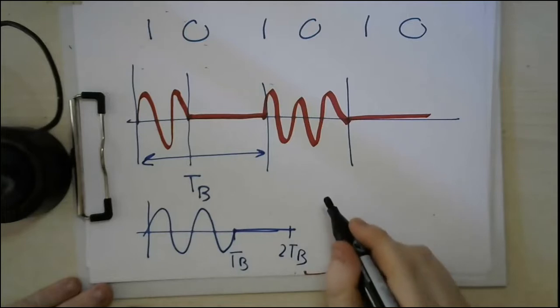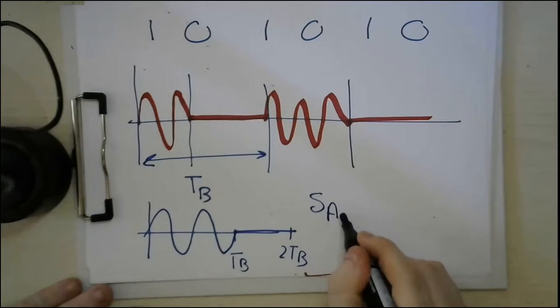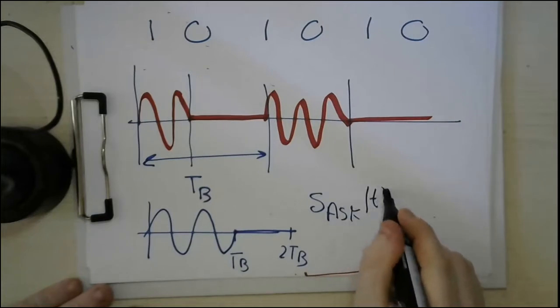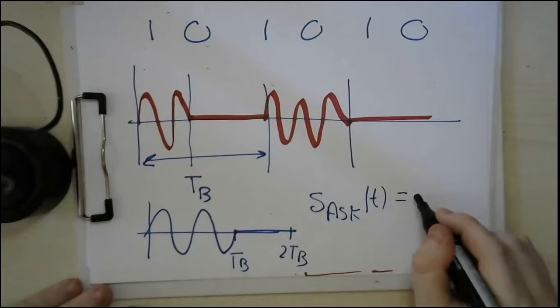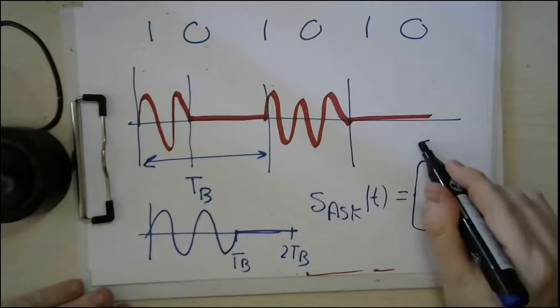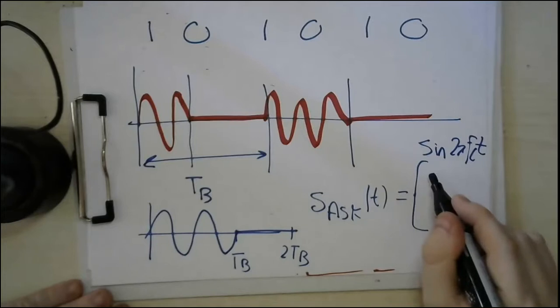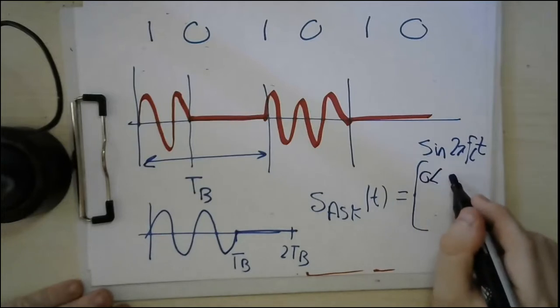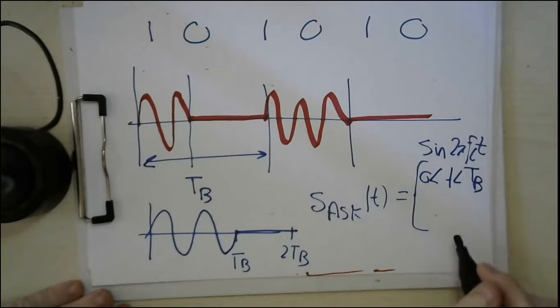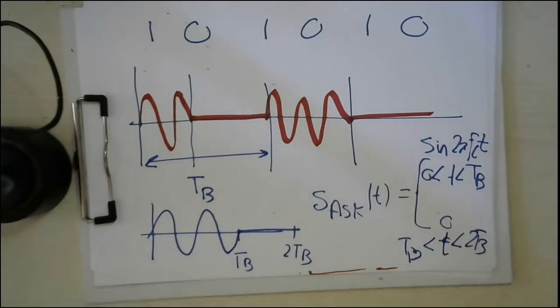This function, let's call it ASK of t, because simply this is amplitude shift keying modulation, is simply sine 2 pi fc t whenever t is varying from 0 to TP, and 0 otherwise.